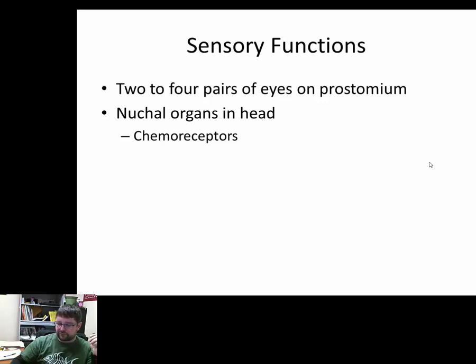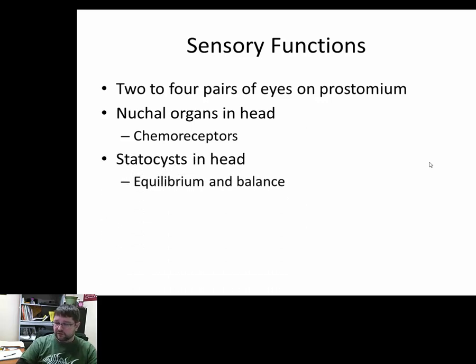The chemoreceptors are the nuchal organs in the head, controlled by the suprapharyngeal ganglia. Like I said before, they also have a statocyst in the head, kind of like an inner ear system, which helps with equilibrium and balance and knowing which way is up and which way is down.